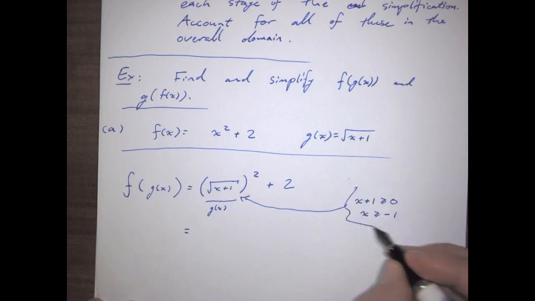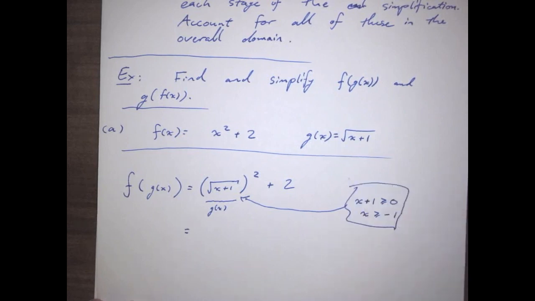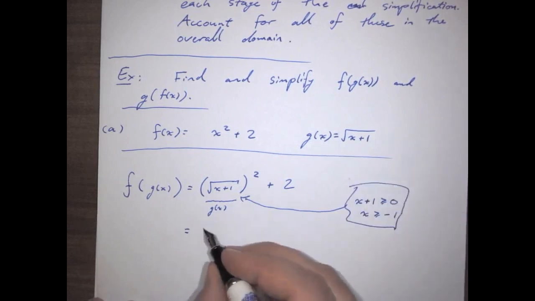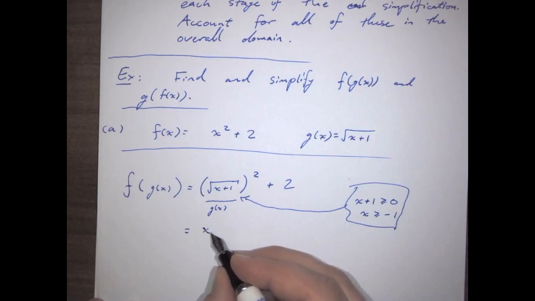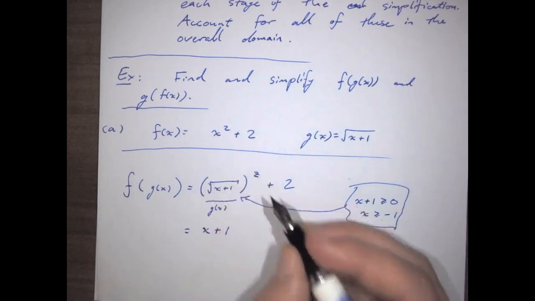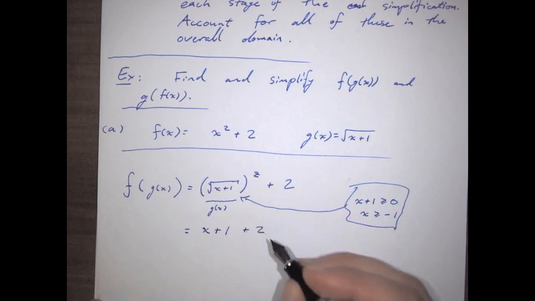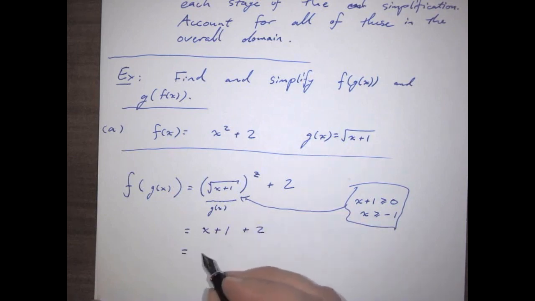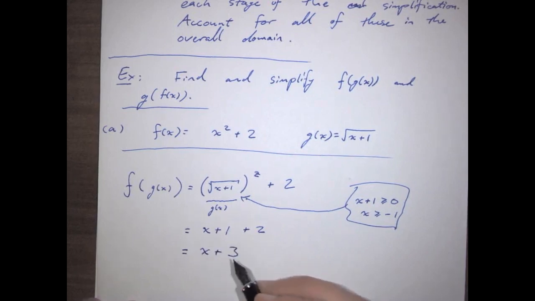That's just a side note. And then that's going to give us x plus 1, because the square root and the square cancel each other out, plus the 2, and we can combine the like terms, giving us x plus 3.